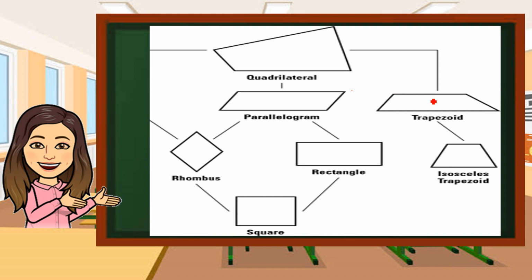However, the parallelogram has 2 pairs of parallel sides, here and here, here and there. However, for the trapezoid, only here, the top and the bottom.